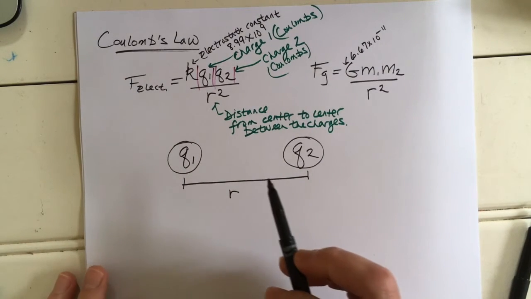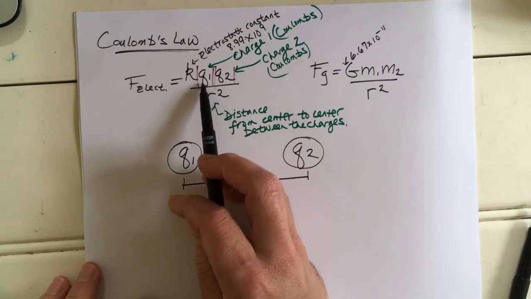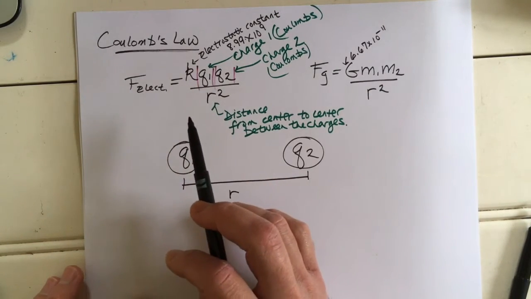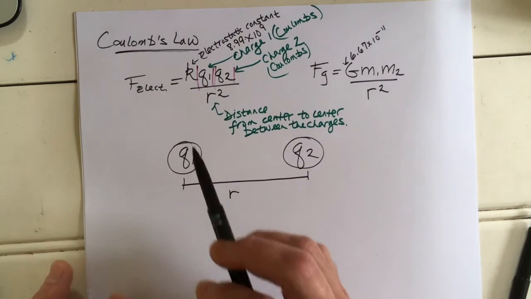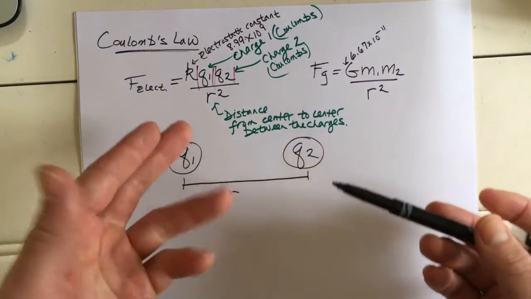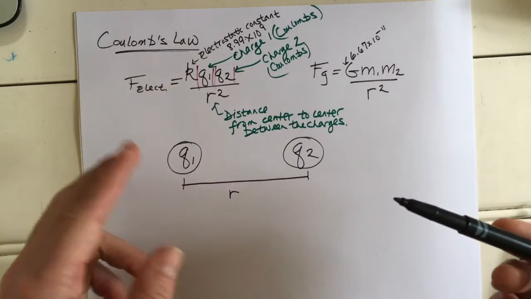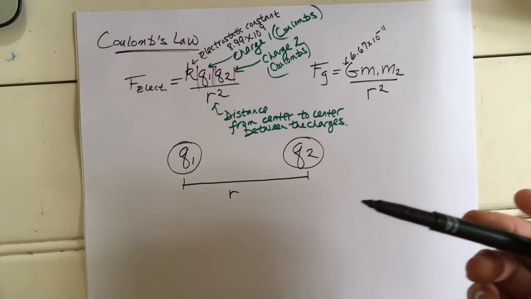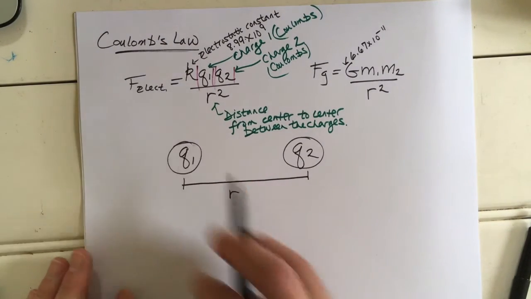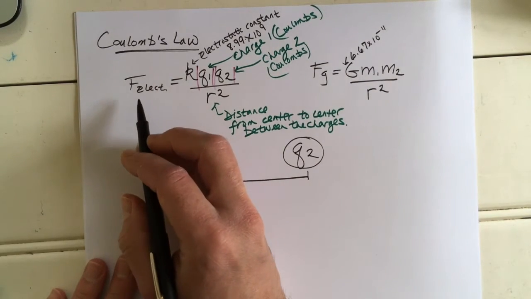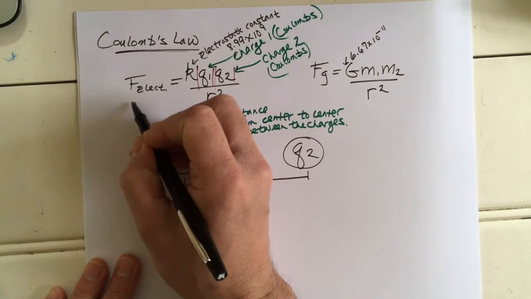So we're going to keep positive and negative for up and down and left and right, and just use magnitudes here. So if this is a positive and a negative charge, then when we get a number, we can just say the answer is obviously going to be attractive. Or if this is positive and positive, or negative and negative, then the force is going to be repelling. I better mention too, the units on force electric are no different than for any other force. So we would say units of newtons here.